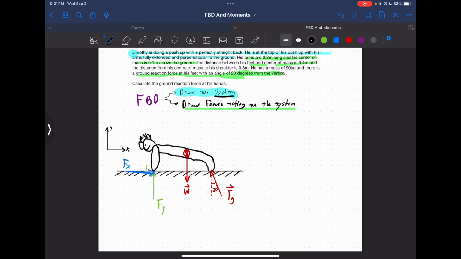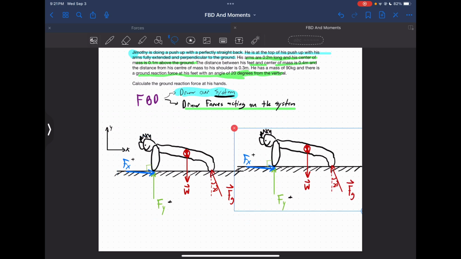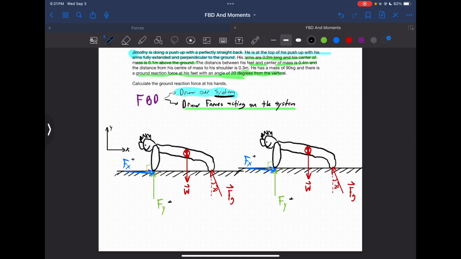And I always assume these forces in the positive direction, no matter what. We will talk about that later. And now we have our free body diagram, but if we want, we can add in some distances.